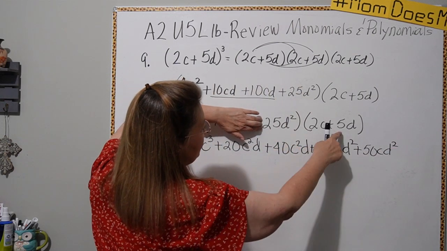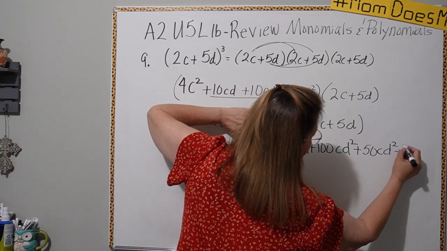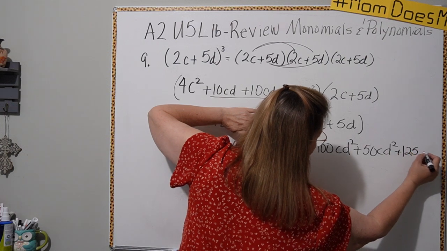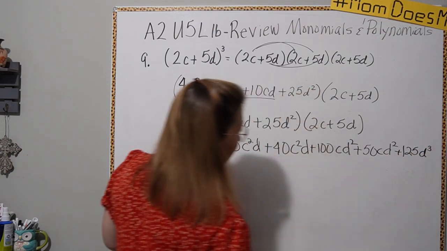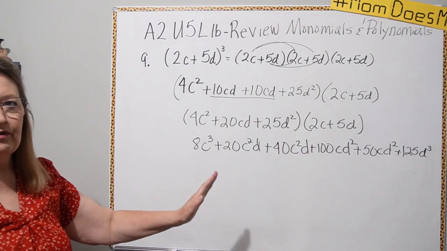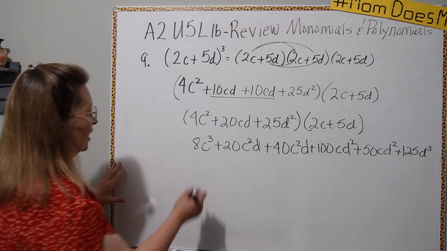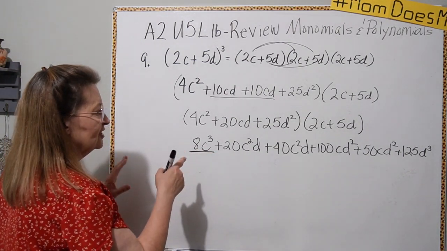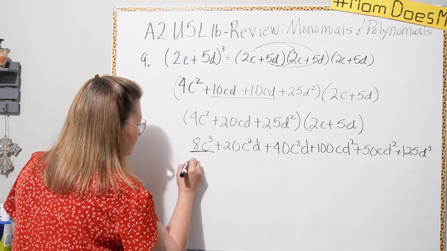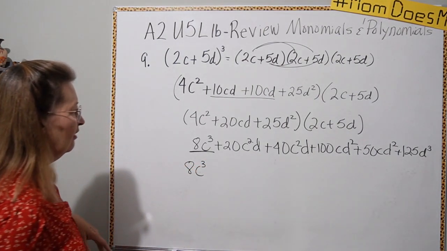Then 25d squared times 5d is going to be positive 125d to the third. Okay, so let's carefully go through this long list of numbers and match up things that match. There is no other c to the third term, so 8c to the third is going to stand like it is.